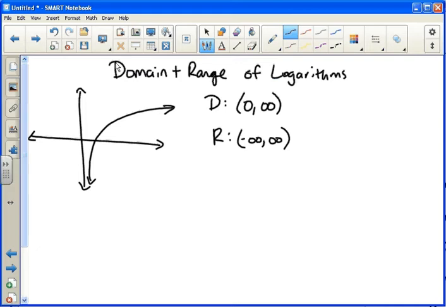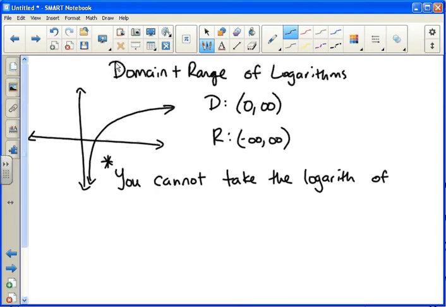So if you notice, the domain has to be positive numbers. So you cannot take the log of negative numbers or 0.